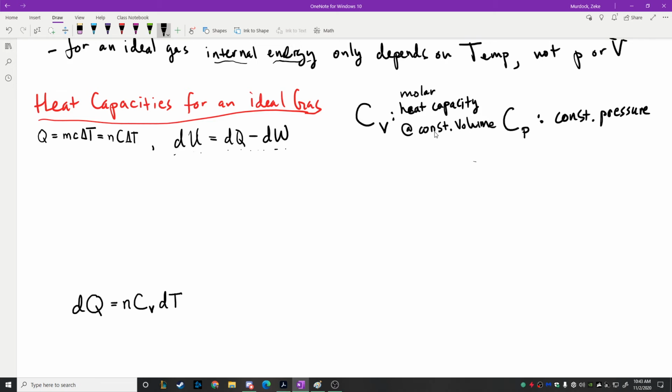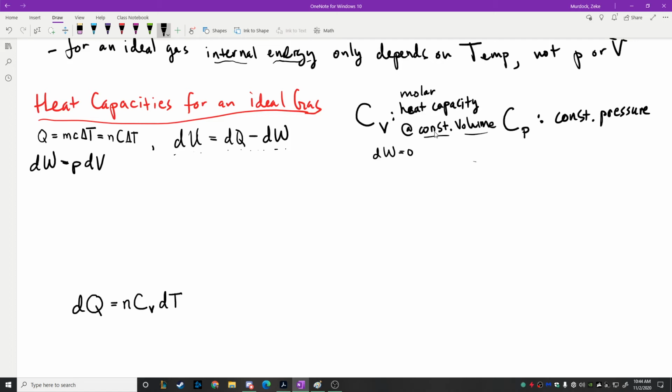No work, yeah. So constant volume means that the work done by or on the gas has to be equal to zero. You can even say dW is equal to zero. But remember, this is just the work done is equal to zero. So constant volume, and that's because, and again, I'm just going to write some more equations over here just to reference, the work done is related to a volume change. You can't do work if the volume doesn't change.